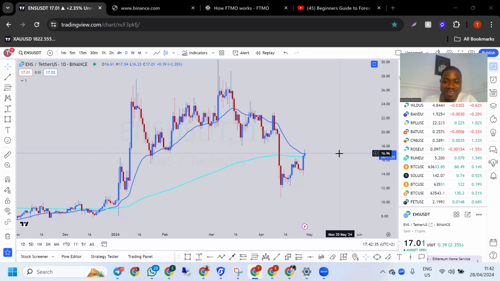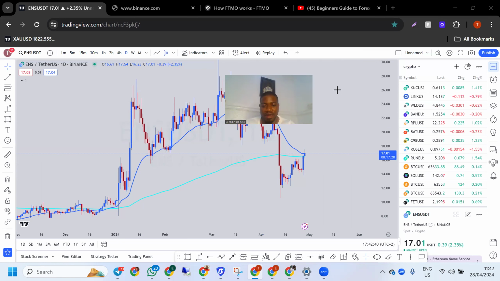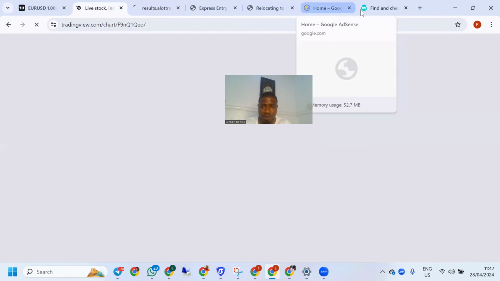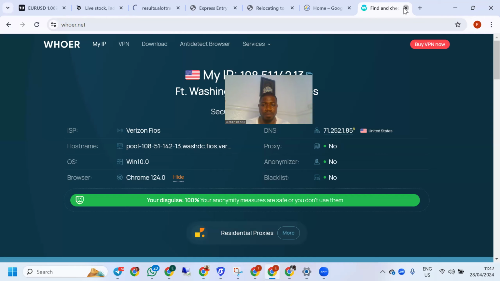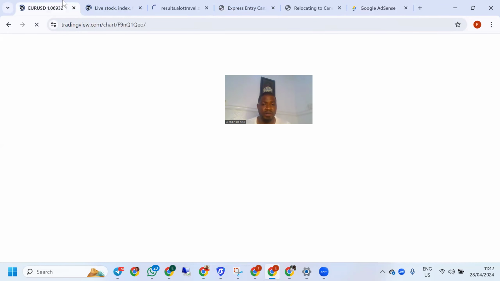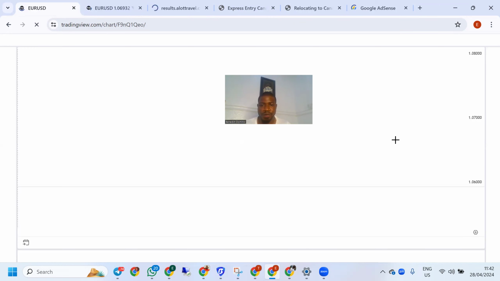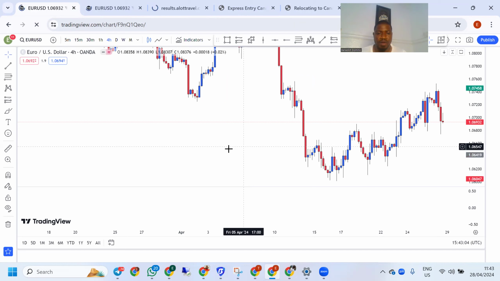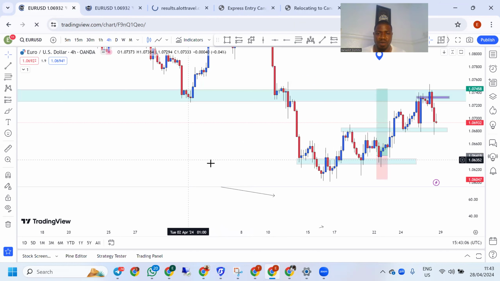So let's go there. I hope you can see my screen. The main trade I took, I will show you where the trade is. Here is the trade. First one we are looking at, I even caught this trade with my student.